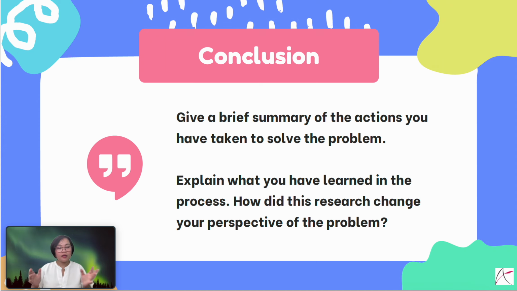So what now? Do you still have the same mind? Do you still have the same attitude towards the problem, or has it improved? And how did it improve? Those are the things that we want to see in this part.